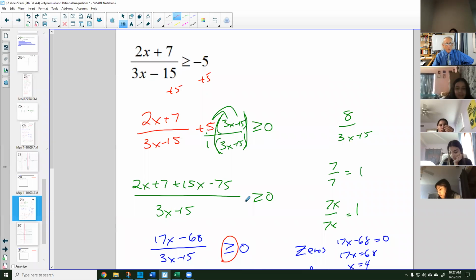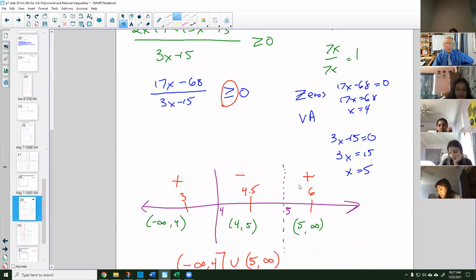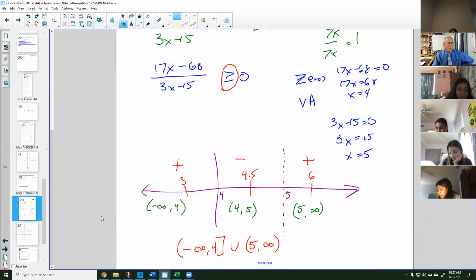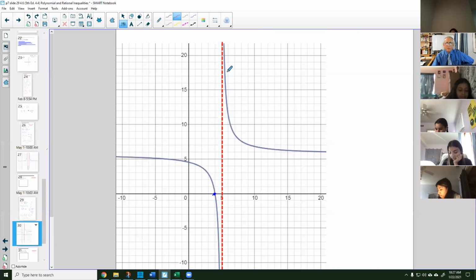Who am I going to ask? Tiana, I'm going to ask you this question. So you saw in the graph that this branch of the graph is sloping downward. Can you see that? Yeah. And if it keeps sloping downward, isn't it going to cross the x-axis and then be negative?